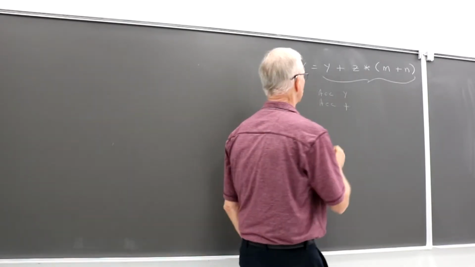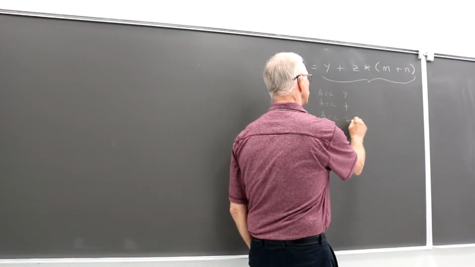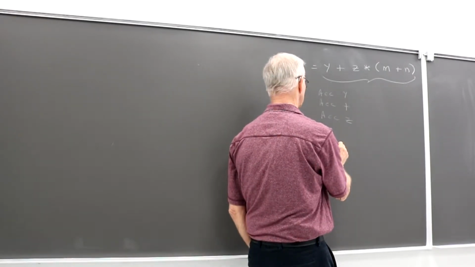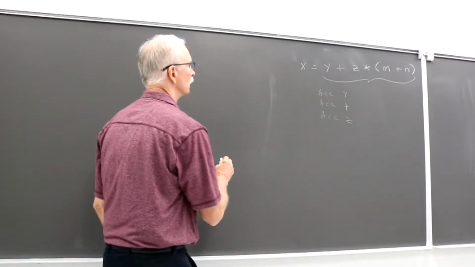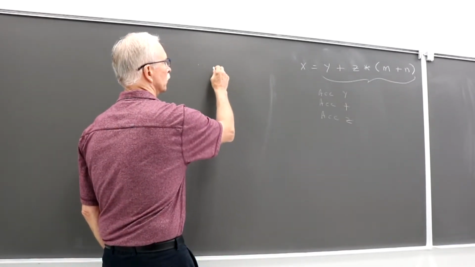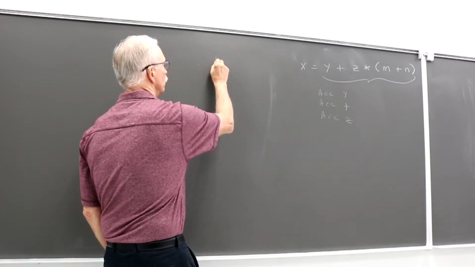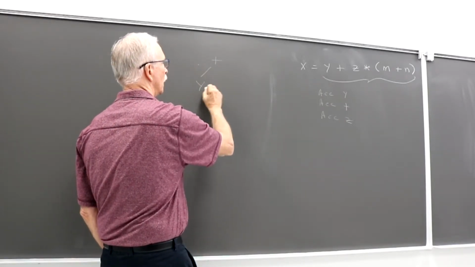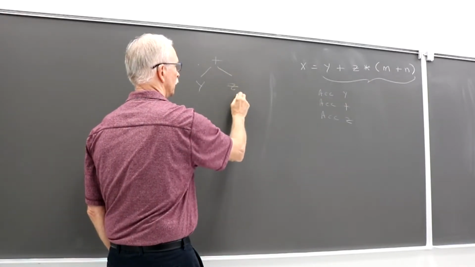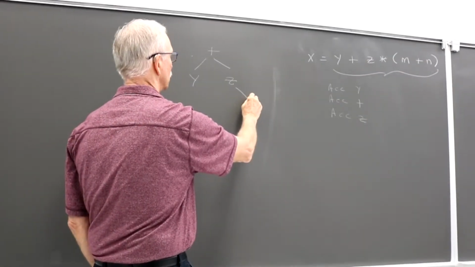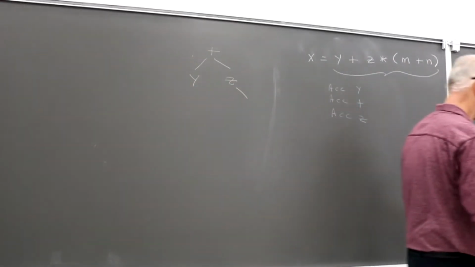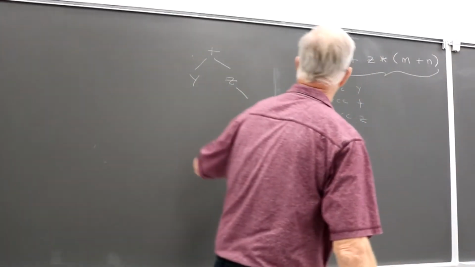I think it would do it this way, except z. What I'm getting at now is this parse tree should have plus y, z, plus y, z. I'm confused. Some parse trees, the nodes of a parse tree are grammar production variables.